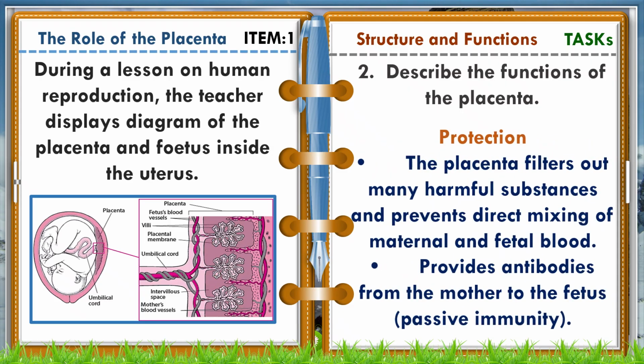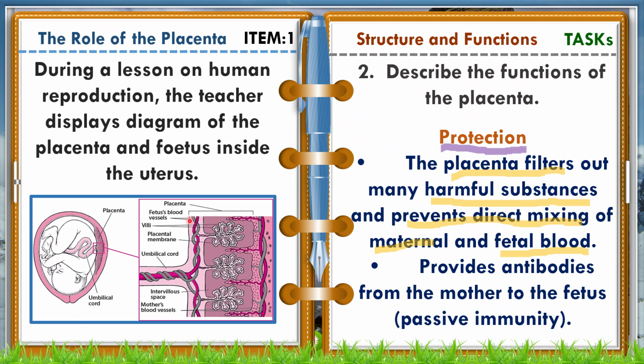Another function is that of protection. So the placenta filters out many harmful substances and prevents direct mixing of maternal and fetal blood. So that is another function of the placenta, like we have seen here.